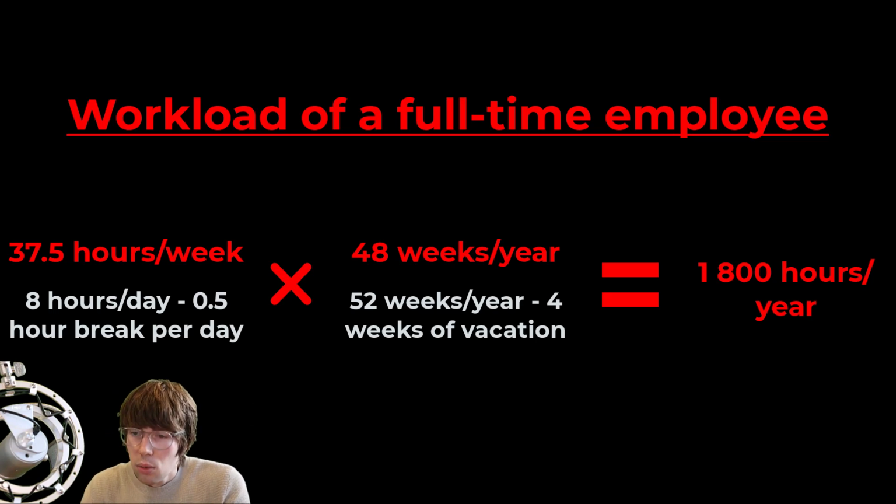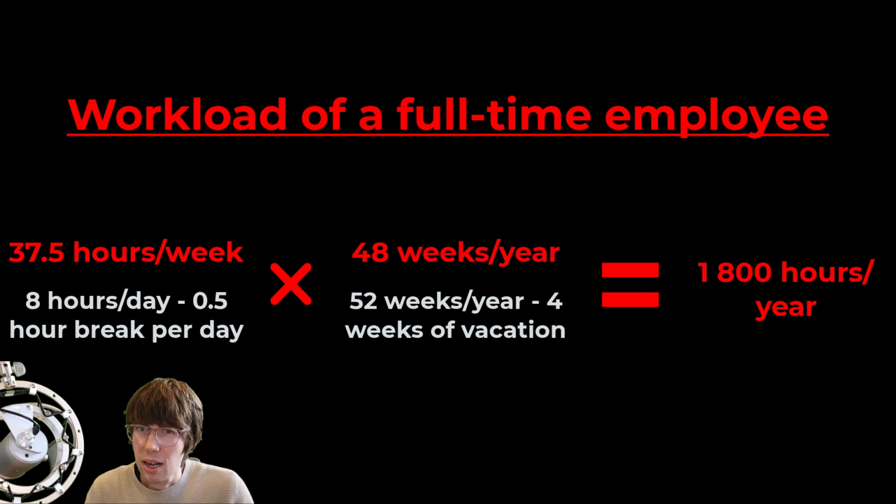Here in Norway, according to legislation, a full-time job, 100%, is 37.5 hours per week. That is 8 hours per day for 5 days a week, but you subtract 30 minutes of lunch break every single day, for a total of 37.5 across 5 days.